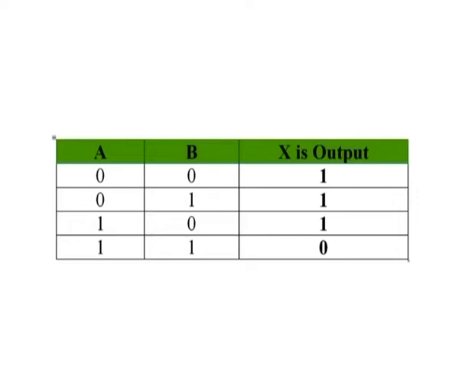Inherent in a NAND gate's operation is the fact that one or more low inputs produce a high output. The table here shows that output X is high when any of the inputs A and B is low. From this viewpoint, a NAND gate can be used for an OR operation that requires one or more low inputs to produce a high output.